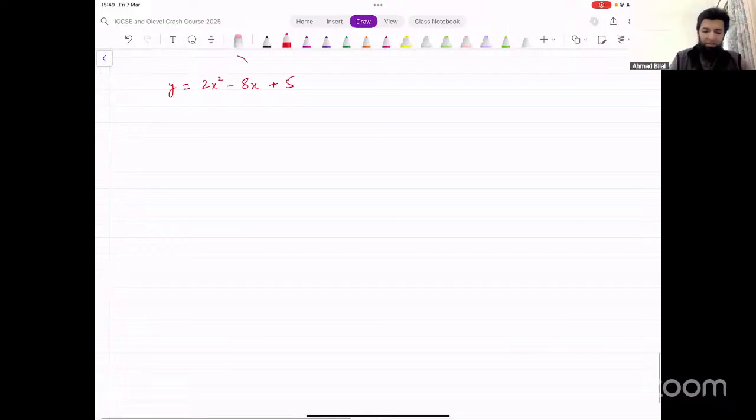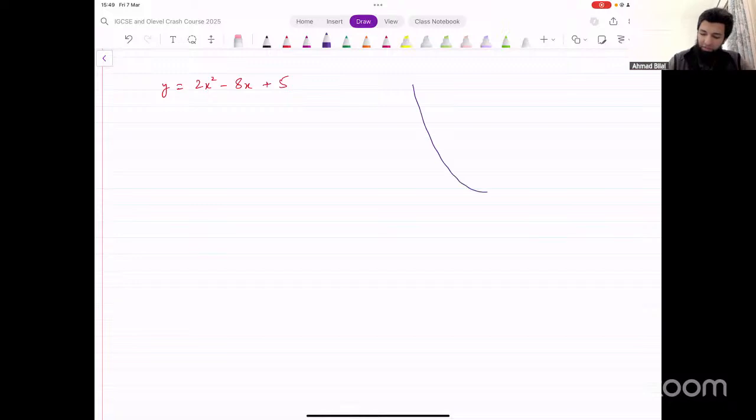Now, this is a U-shaped curve, right? The curve looks something like this. It's a U-shaped curve. We know that. It's a quadratic function. That's how quadratic functions look like. This point here is the turning point of this function. Now, there were different names that we discussed for this point. We said we can call this a turning point.